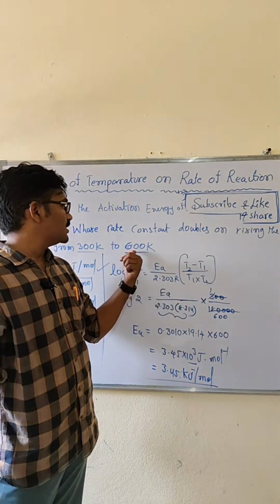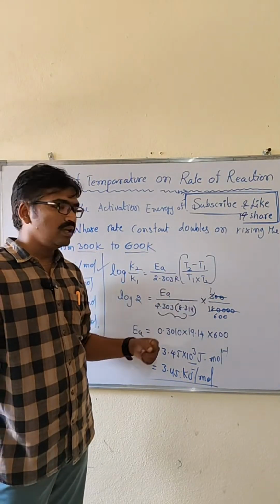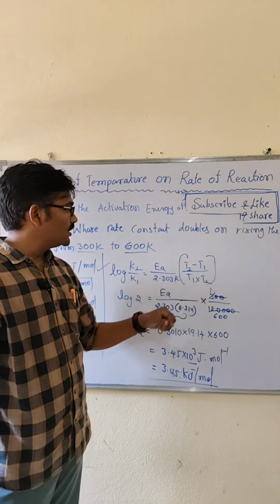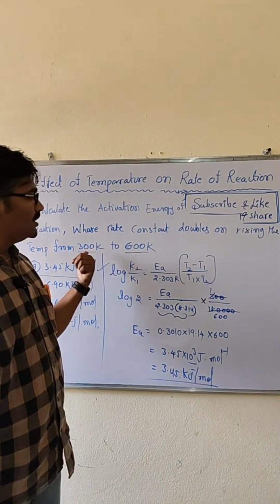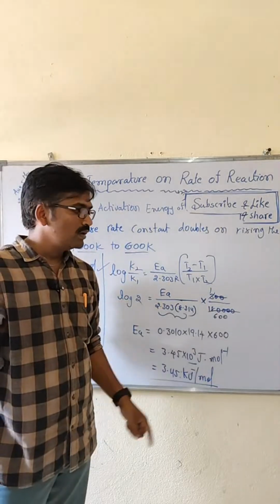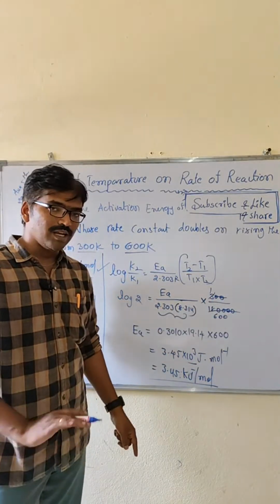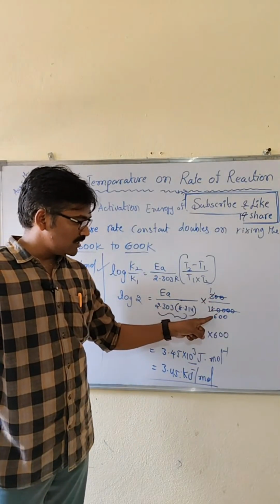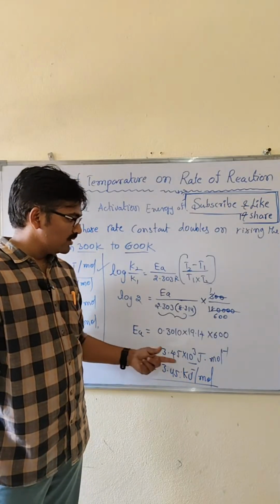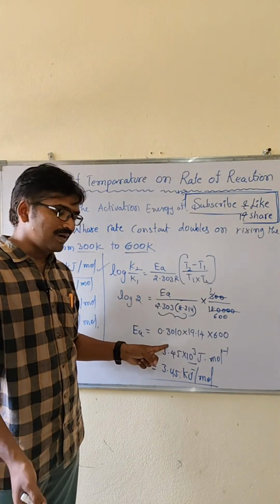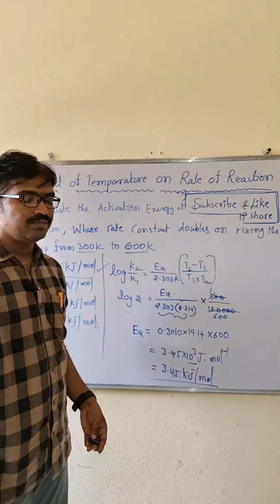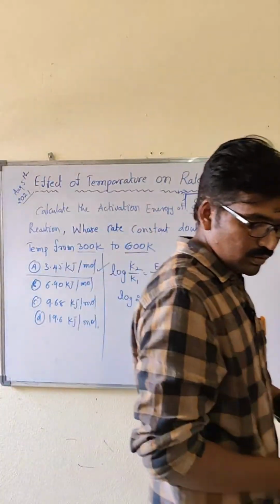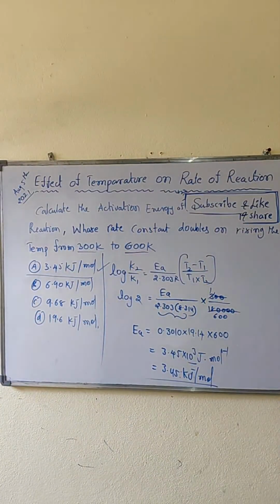T2 minus T1 is 600 minus 300, so 300. Multiplying T1 and T2, 3 sixes are 18 into 4 zeros, the 2 zeros above and below cancel, and when everything is multiplied you get this value. Clear? One more question will be there based on it.